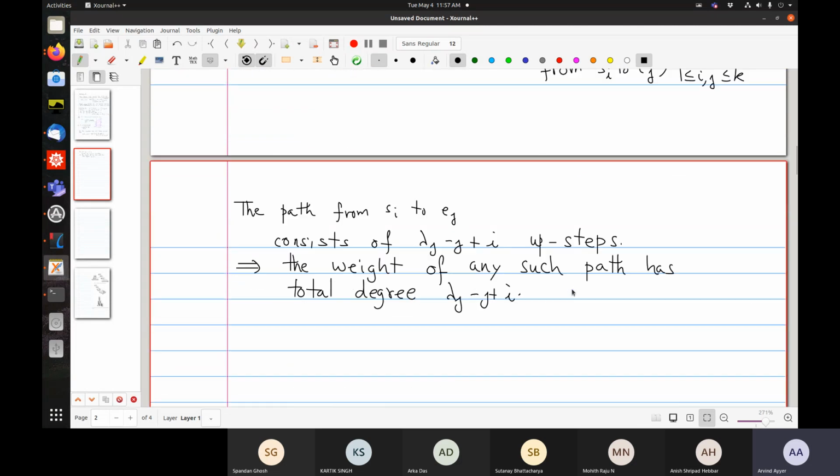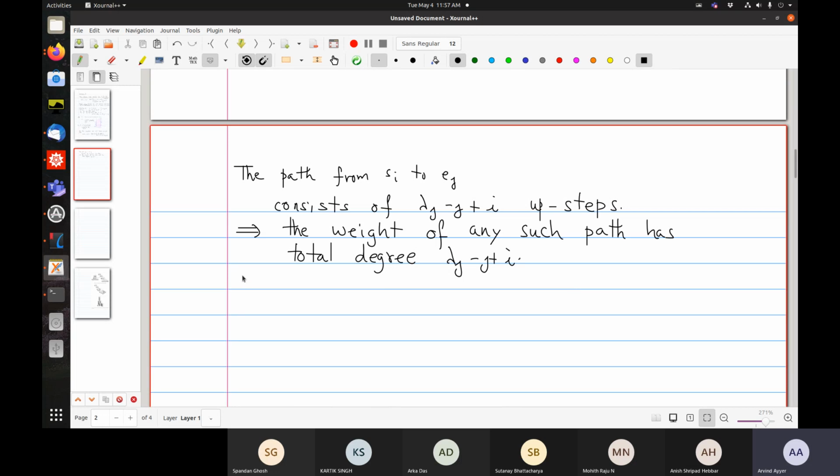So what kind of symmetric function do you get now? As you argued, moreover, the sum of the weights is a symmetric function of x1 up to xn.